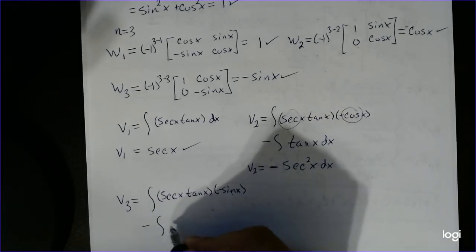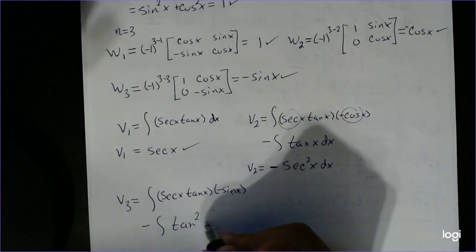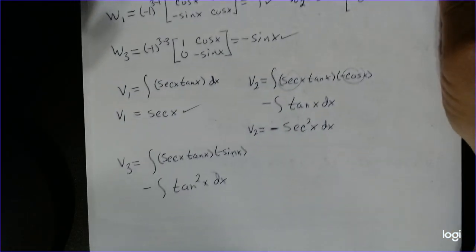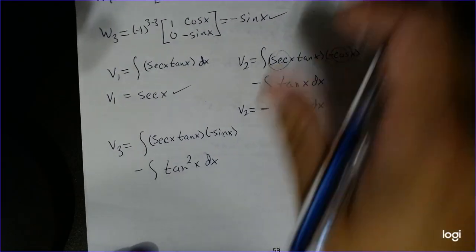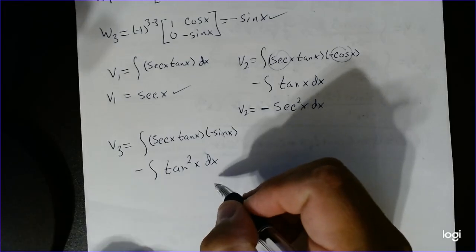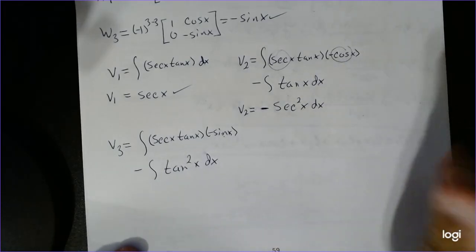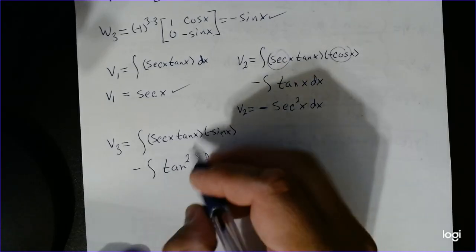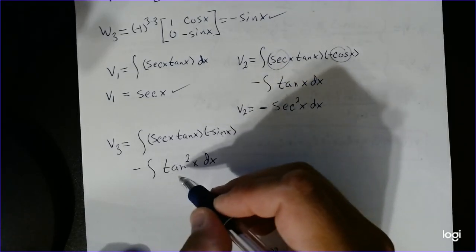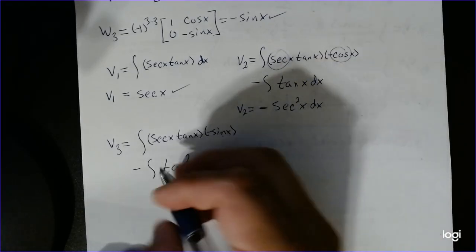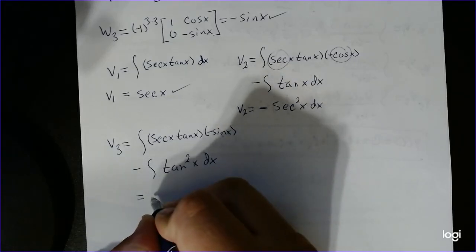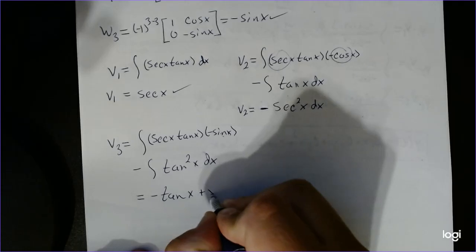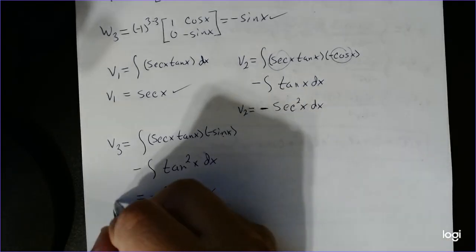So this ends up simply just tangent squared x dx. If you want, you could just integrate this yourself, or you could just find out the integral. It's just a u-sub. You just convert it to sine and cosine, let u equal cosine, and do the whole process. Or you could just memorize this process. It's just equal to negative tan x plus x. That is V3.